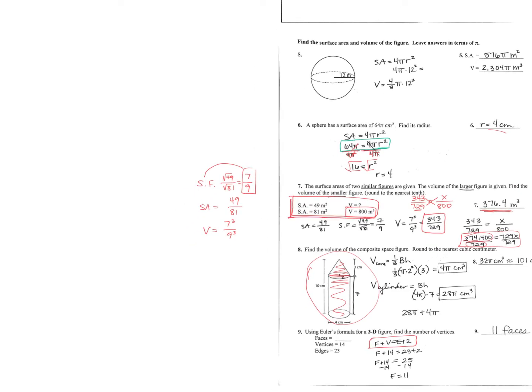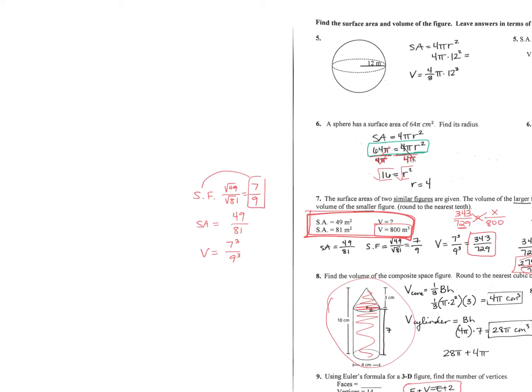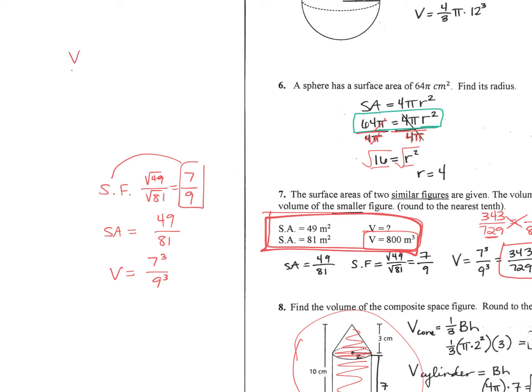So this is if you're given two surface areas and you have to find a volume. If you're given two volumes and you have to find a surface area, so let's say you have numbers here. You're going to take, essentially this is A cubed and B cubed, right? It's volume. You're going to take that A cubed over B cubed and cube root it. That will make it a scale factor.